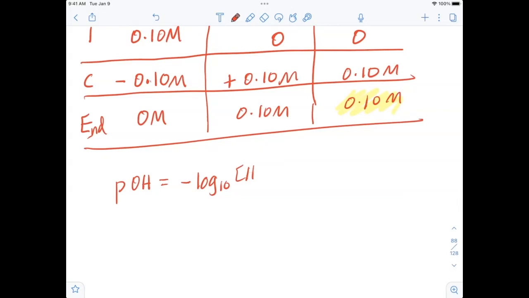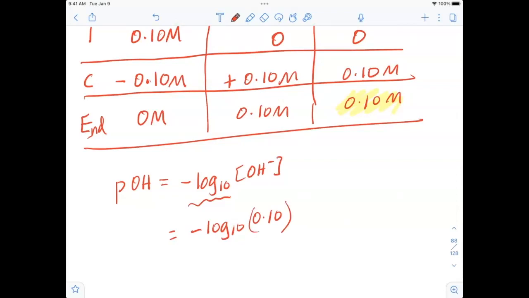That was so close. My brain went to routine mode and then just messed up. OH minus. I need to focus. So yeah, pOH is negative log base 10 of OH minus, because remember the p stands for negative log base 10. So I'm going to plug in this number, negative log base 10 of 0.10.